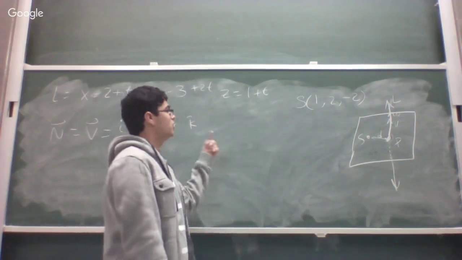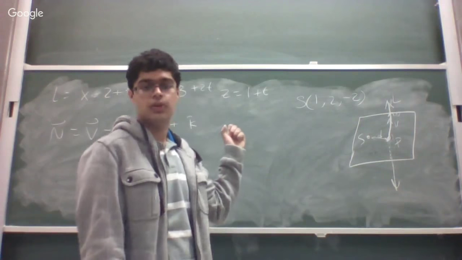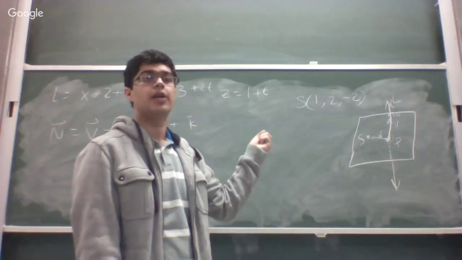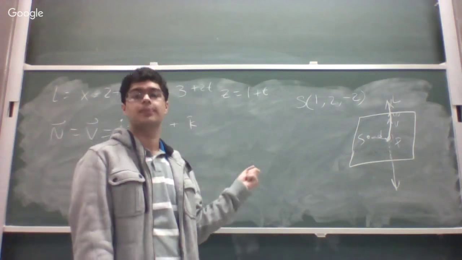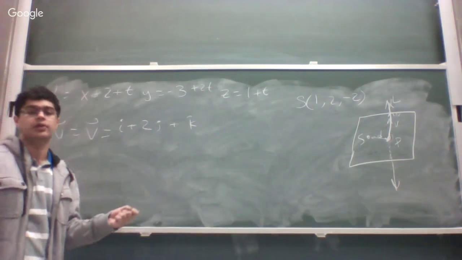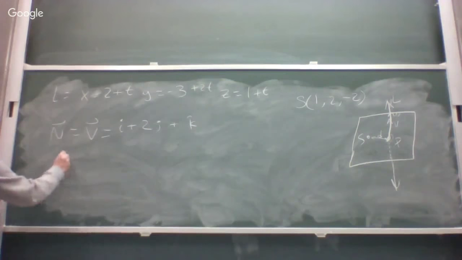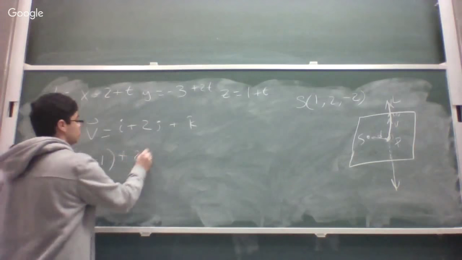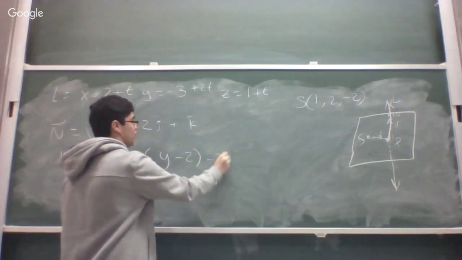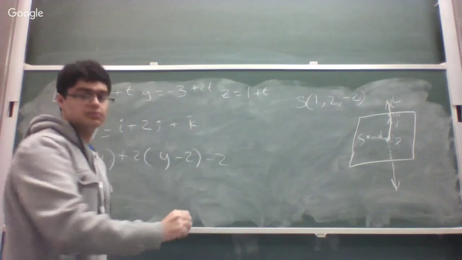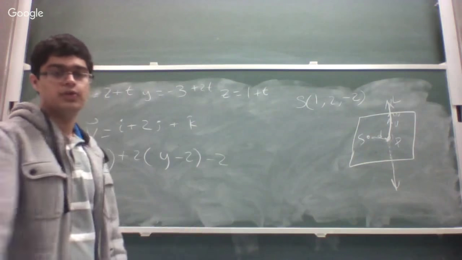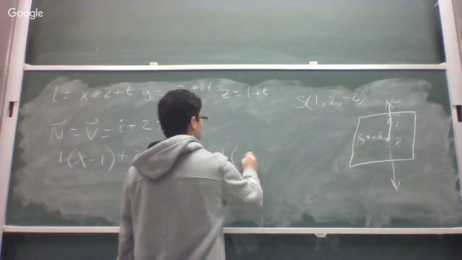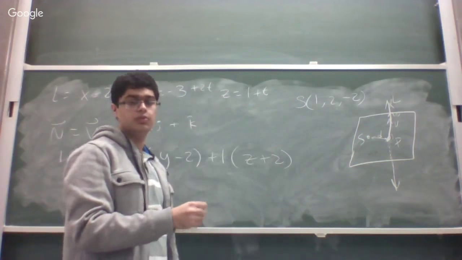So since we have the vector and we have a point on that plane, it doesn't matter whether it's P or S, we can find the equation of the plane. So this would be 1 times x minus 1, plus 2 times y minus 2, plus 1 times z plus 2, equal to 0.